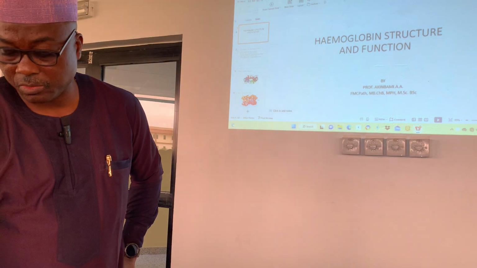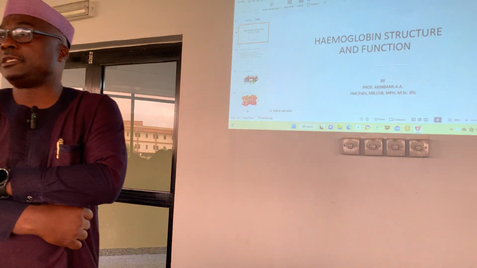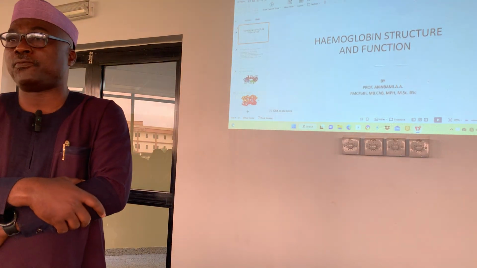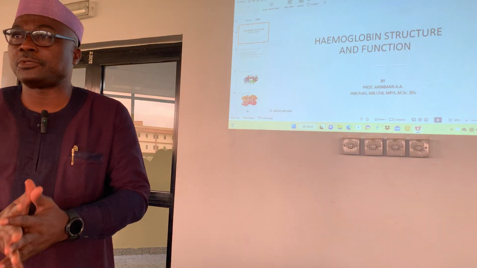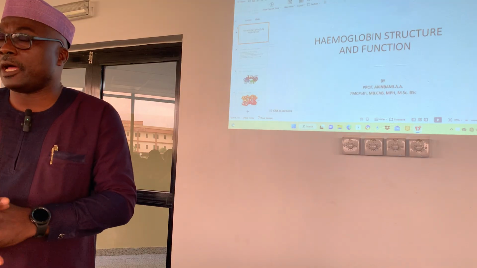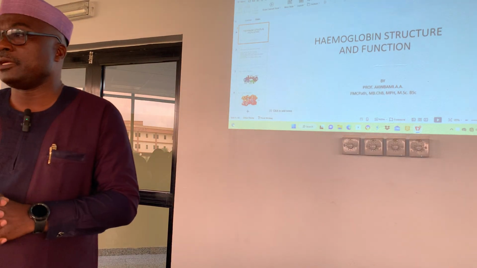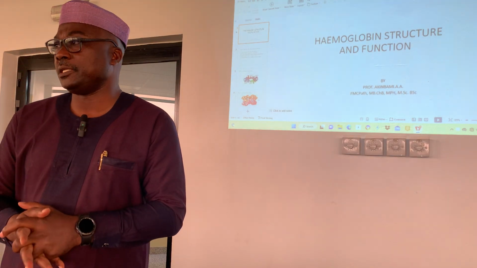Okay, so hemoglobin is found in red blood cells. As you are aware, you have three major types of cell. These cells are white blood cells, red blood cells, and platelets.